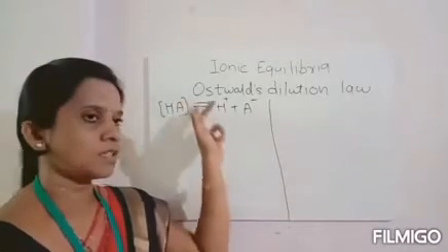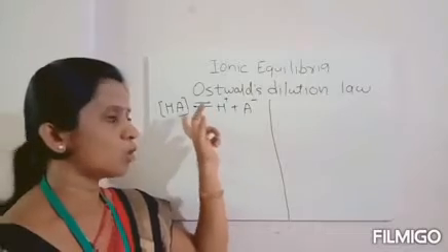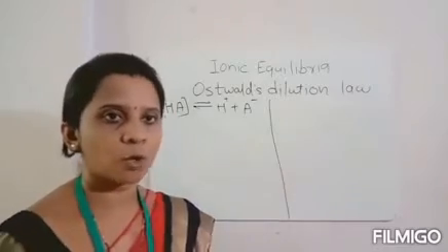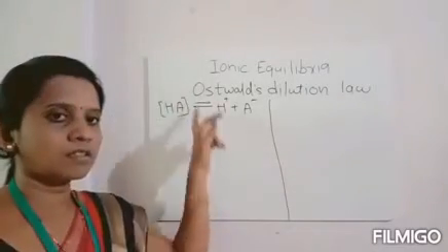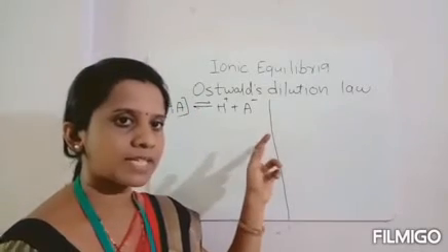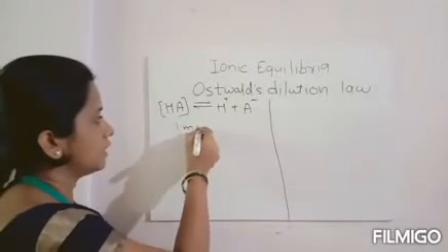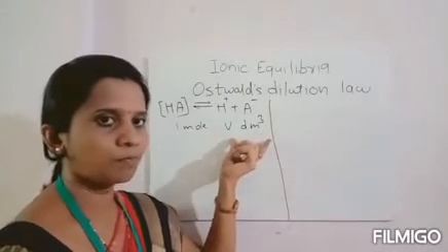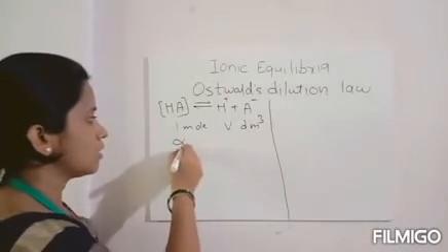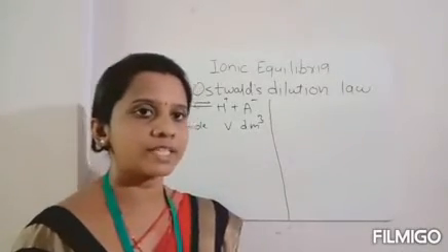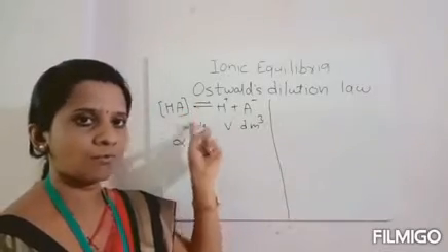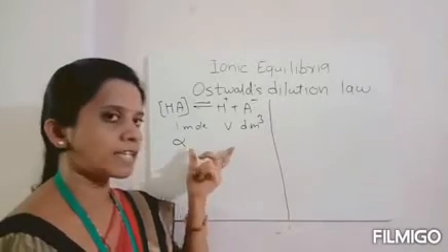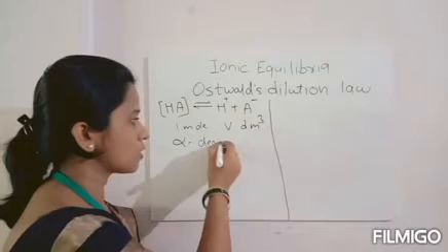Now, consider the initial amount as 1 mole, which is present in V decimeter cube of solution, that is, the volume is V decimeter cube, and suppose alpha is the amount dissociated. Alpha is the degree of dissociation.